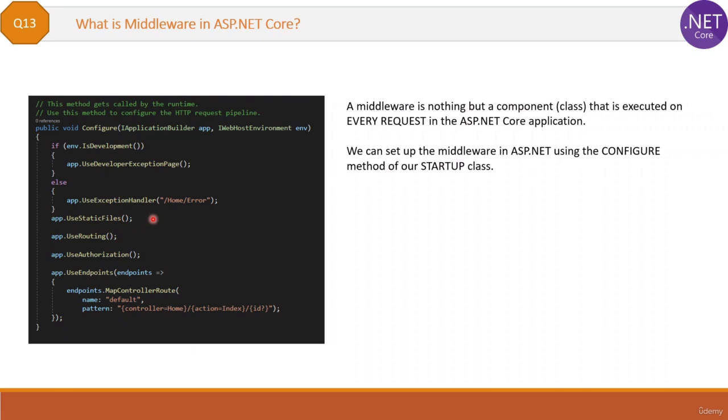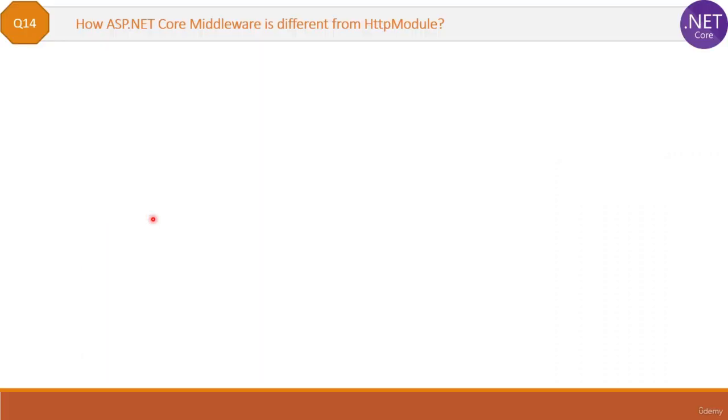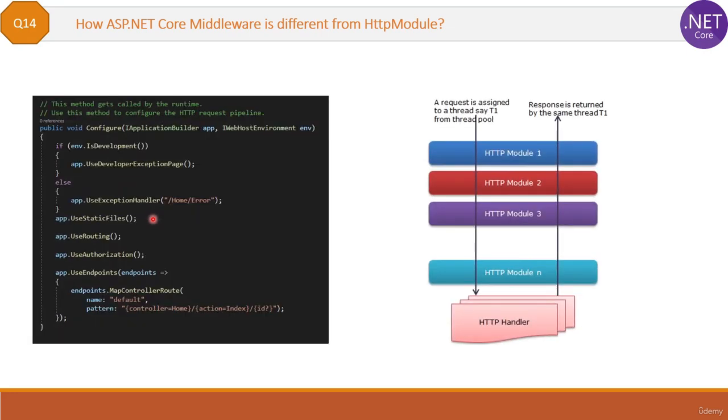Now let's see the next question on middleware. How is ASP.NET Core middleware different from HTTP module? This is not a very important question, but if you are aware of ASP.NET Web Forms, then you know that we have HTTP modules in ASP.NET Web Forms. Middleware behaves almost similarly to HTTP modules, as they are both part of the request pipeline.